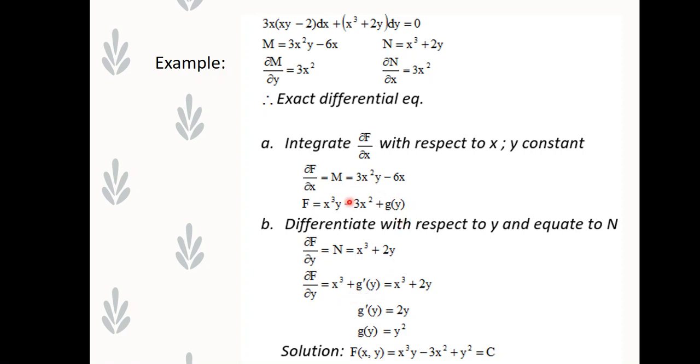And then you equate that to the given n, which is the x cubed plus 2y. The purpose is for you to get the g of y. The g prime of y is integrated to give you the g of y. Then once you have already the g of y, you go back to the original expression you got from the integral of the partial derivative of f with respect to x, and that already gives you the solution of the DE using method 2.